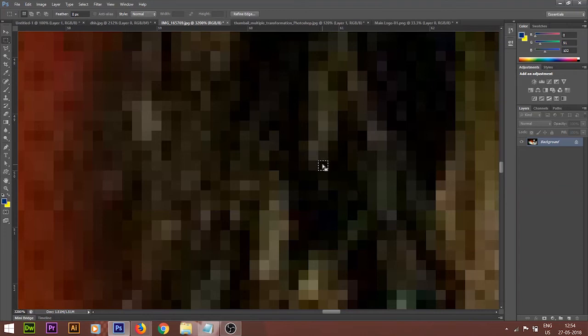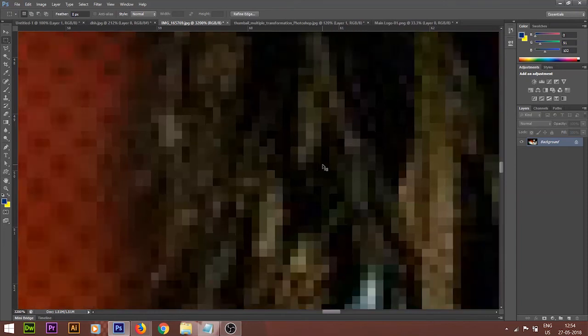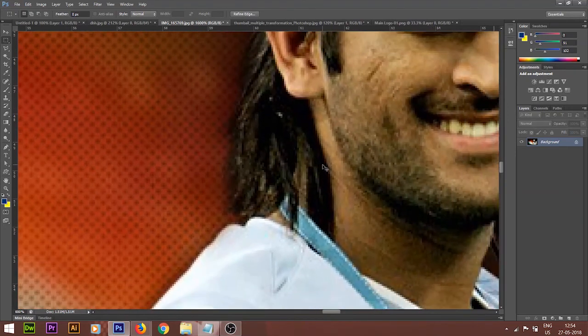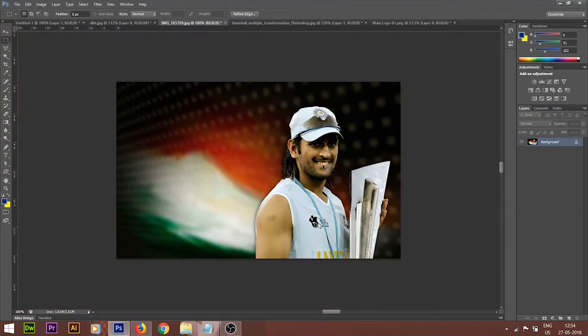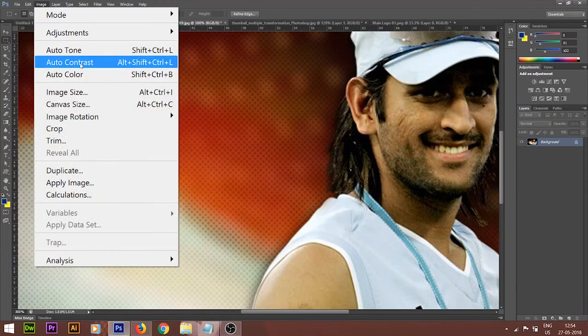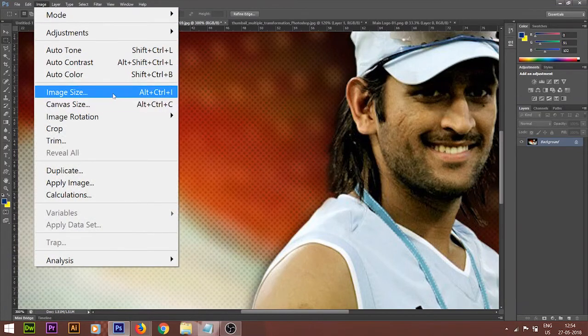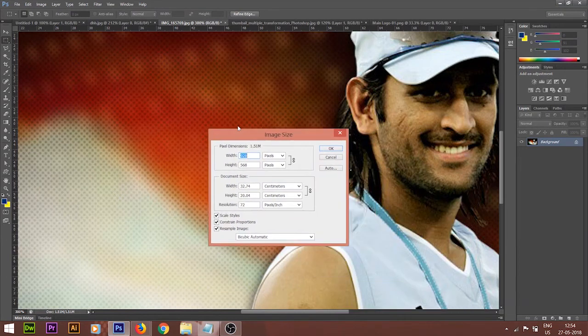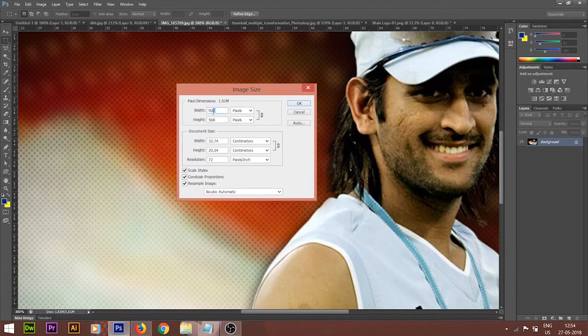So what is the size of the image? See, Control minus, I am zooming out. Here is the image of MS. Again, I am checking the size of the image. Go to the Image menu and check Image Size, Alt Control I, and you can see the size of the image: 928 pixels width and height of 568 pixels, meaning 928 pixels are present horizontally in the width, and 568 vertically.